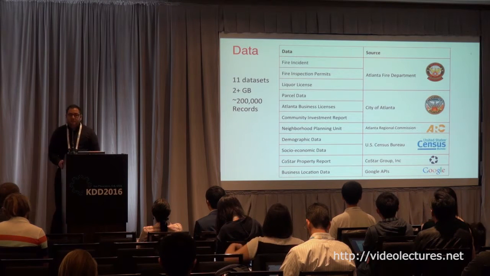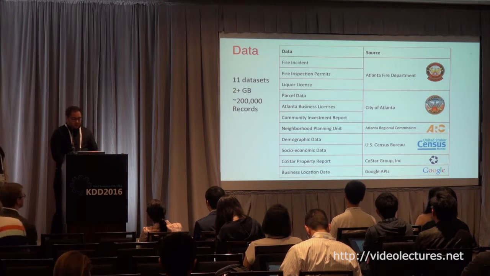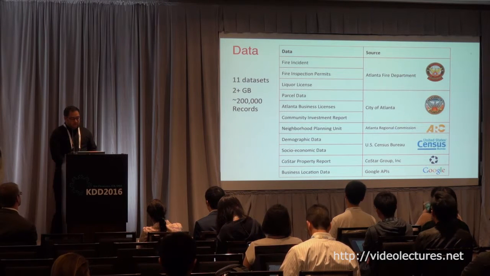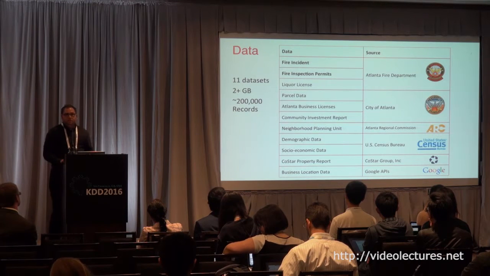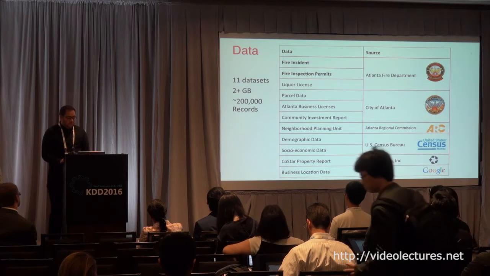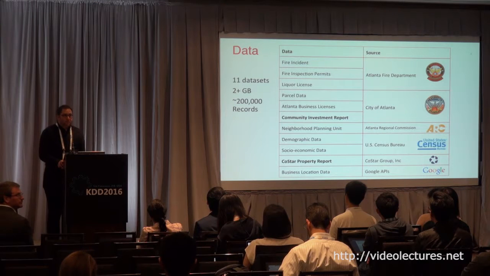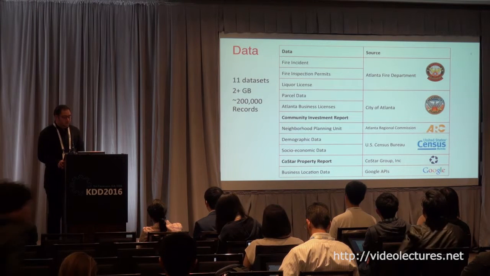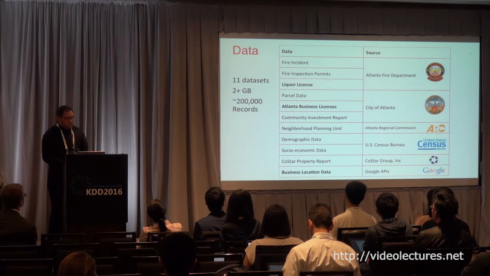So I'm going to talk just a little bit about the data sources that we had. So this is a list of all of the different data sources, and they are a couple different categories. So the ones in bold here are data that are about fires, and this is coming from the Atlanta Fire Department. We also have data about businesses coming from a few different sources, such as the City of Atlanta and something called the CoStar Property Report.